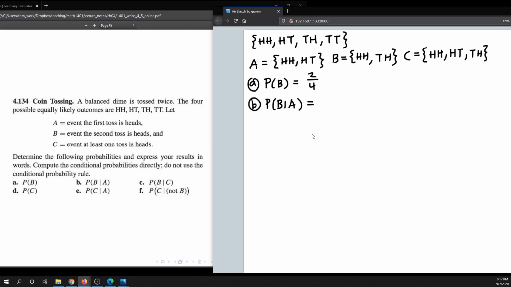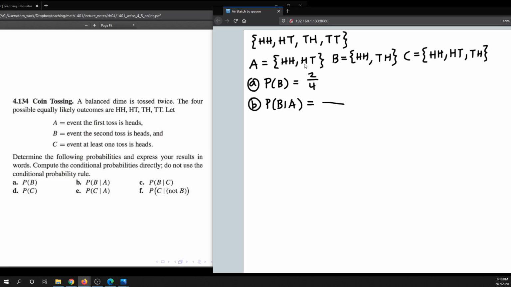Before the video started, I flipped 2 dimes in a row, and I'm telling you that I got either a heads and a heads or a heads and a tails when I did that. So now really what that means is that A becomes our sample space, okay? So now we consider A as the possible outcomes. Either this happened or this happened.